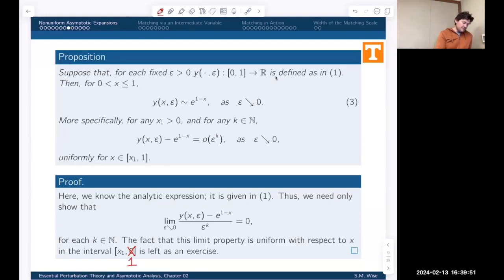So if I pick x1 to be any positive number, actually I want to say something a little bit more specific: x1 should be bigger than 0, but smaller than 1. It wouldn't make much sense if x1 was bigger than 1. But if I choose any fixed number bigger than 0 and smaller than 1, then I can show that this is a uniform limit, meaning that this limit on that interval, x between x1 and 1, can be accomplished in a uniform way.